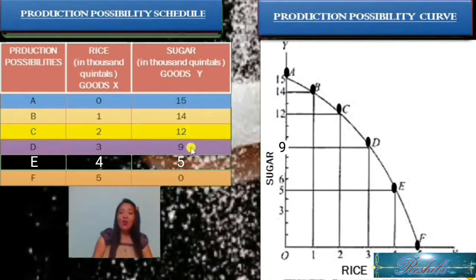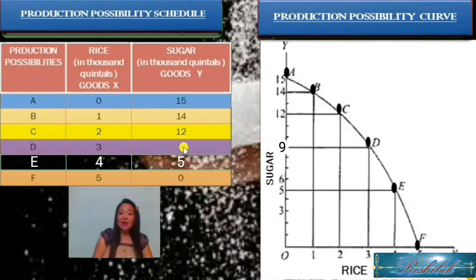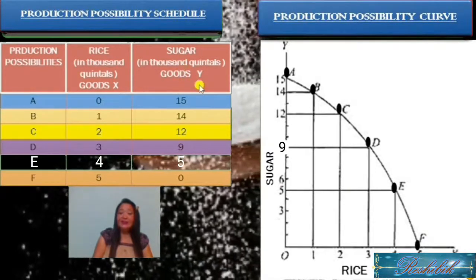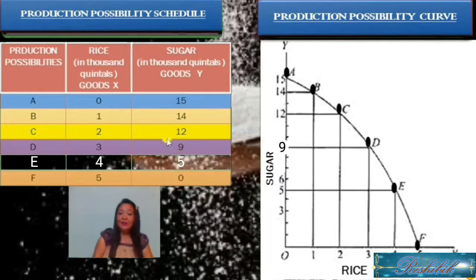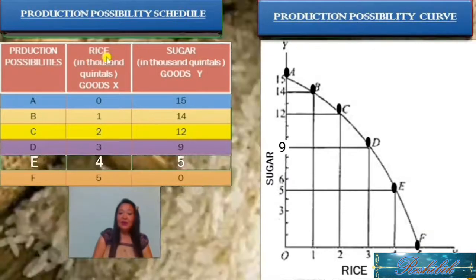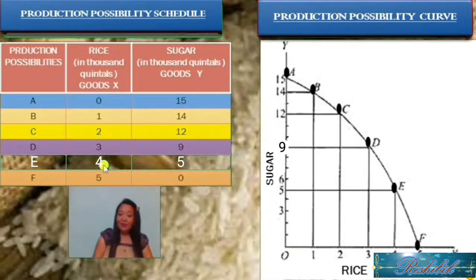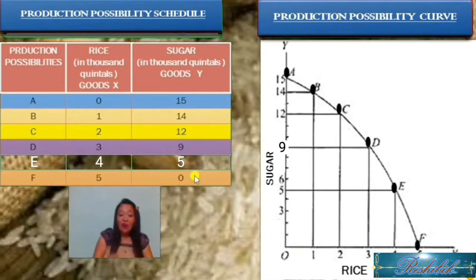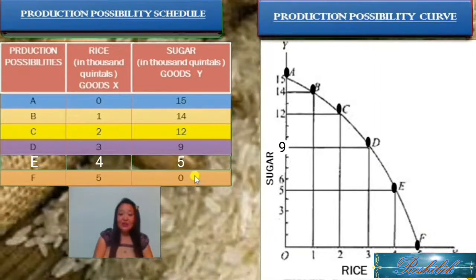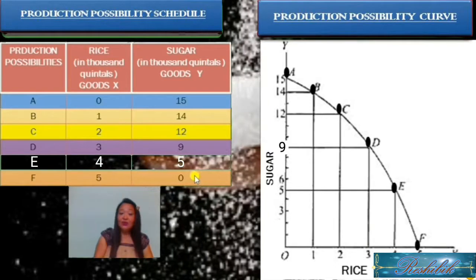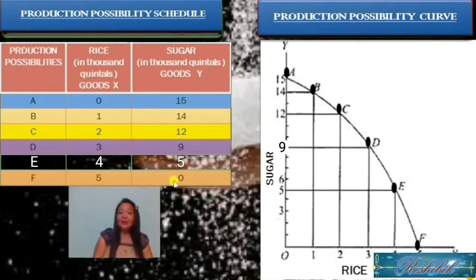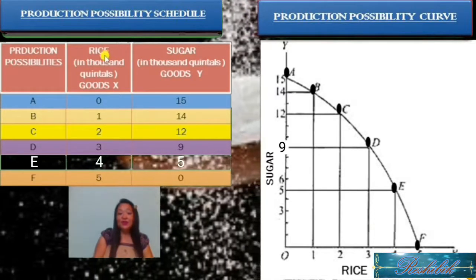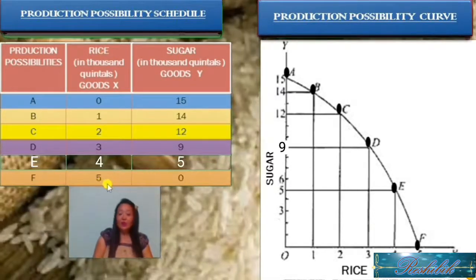Similarly, if you go on reducing the amount of resources in goods Y, that is in the production of sugar, then ultimately the production of rice will rise. Finally, if you do not want to produce any sugar, and allocate the entire resources to the production of rice, then the production of sugar will be 0 and the production of rice will increase to 5 units.